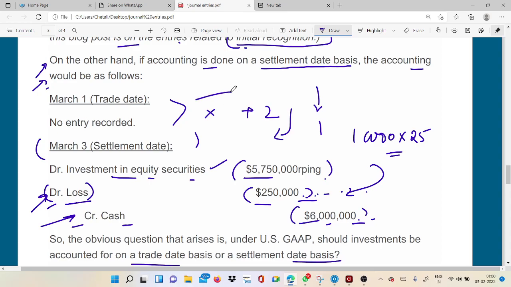It depends whether the company wants to prepare the accounting entries on a settlement date basis or on the trade date. And if it is the settlement date basis, you will have to keep this entry in mind as well: security debit, loss, or, depending on whether it is a profit, you may write profit here, and total cash.